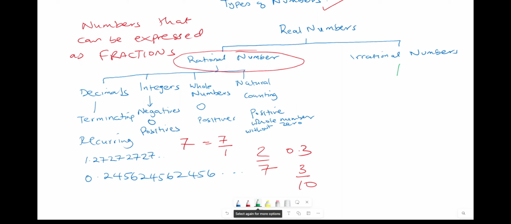So you remember when I started talking about real numbers, I said that in this world, many things come in opposites.